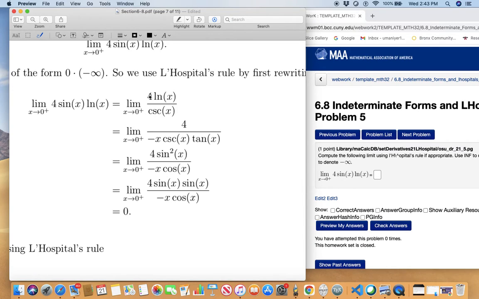The derivative of the top is 4 times 1 over x. So there's that x. The derivative of cosecant is negative cosecant times tan. You see, now I have a sine in the denominator here and a sine in the denominator, so I brought them up.